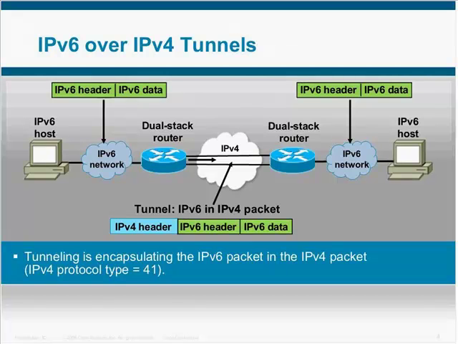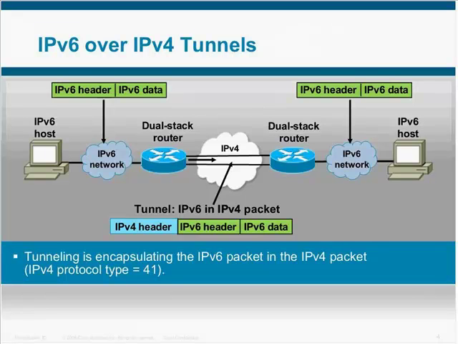So if traffic needs to go from the IPv6 host on the left-hand side to the one on the right-hand side, it will first be forwarded natively over the IPv6 network to the dual stack router. This router will encapsulate the IPv6 traffic over an IPv4 header and forward it to the other dual stack router.